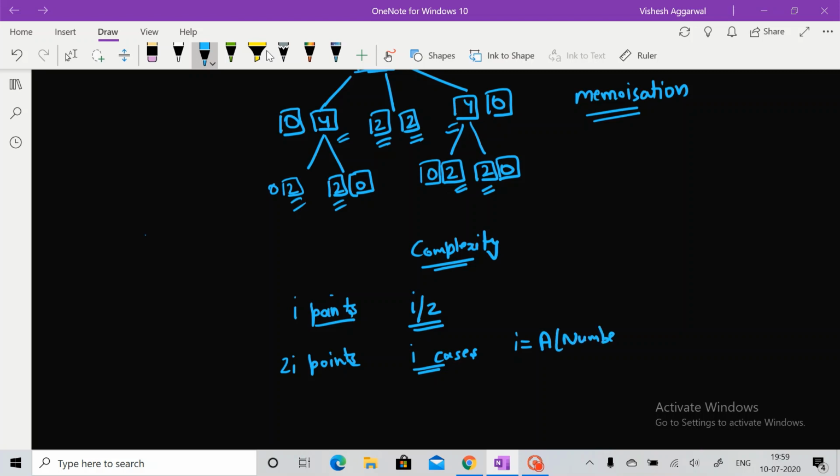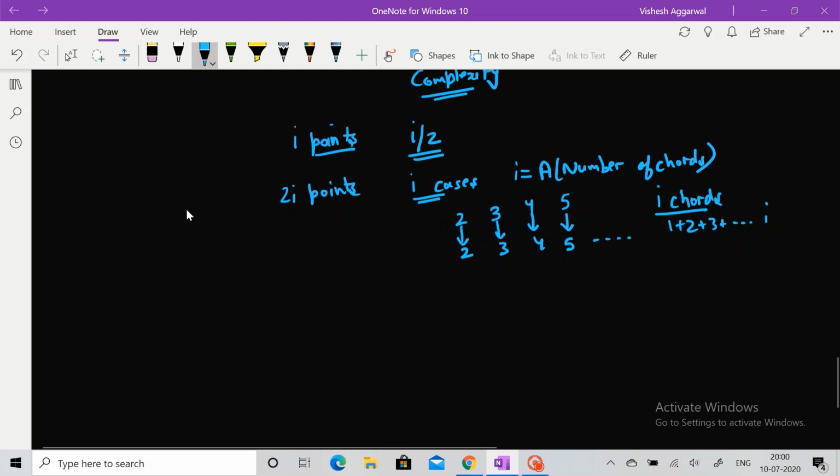So for 2 chords we have 2 cases, for 3 chords we have 3 cases, for 4 chords we have 4 cases, for 5 chords we have 5 cases, and in this way for I chords the complexity will be 1 plus 2 plus 3 up to I. So we can say that the complexity will be I square, or we can say that if the number of chords is equal to n, then it is O of n square.